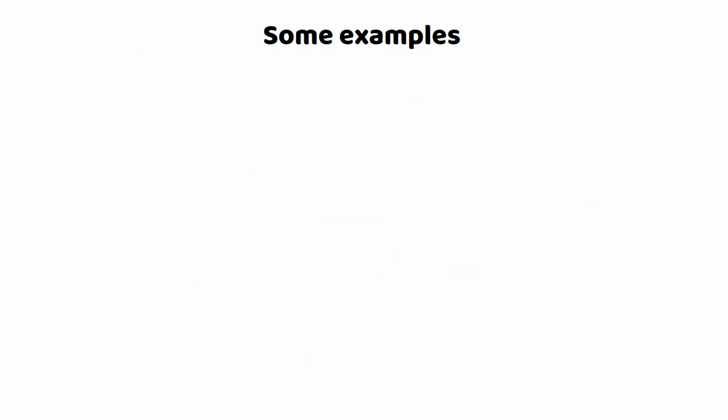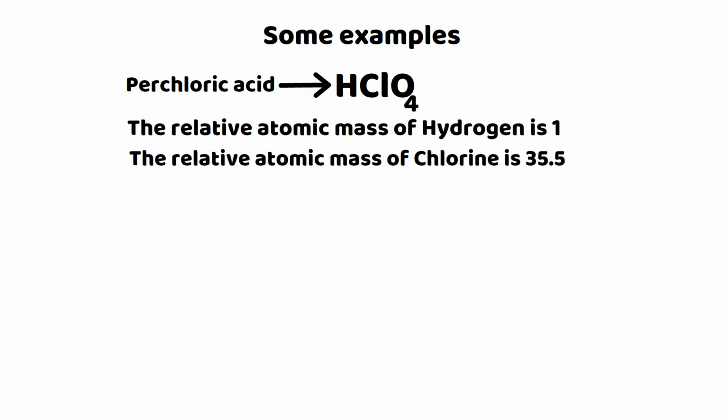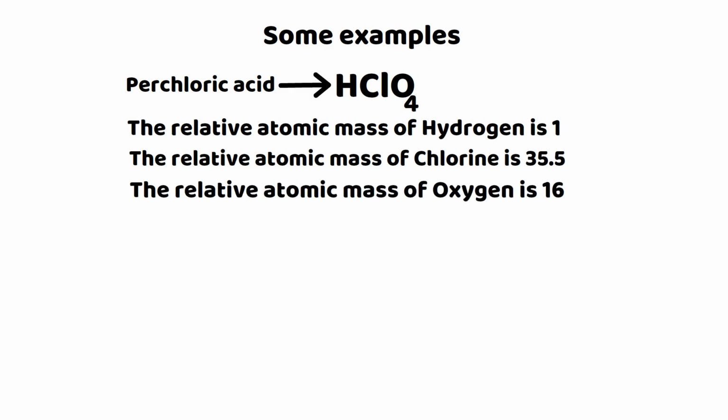Another example, a molecule of perchloric acid, that is HClO4, has one atom of hydrogen, one atom of chlorine and 4 atoms of oxygen. The relative atomic mass of hydrogen is 1. The relative atomic mass of chlorine is 35.5 and the relative atomic mass of oxygen is 16.